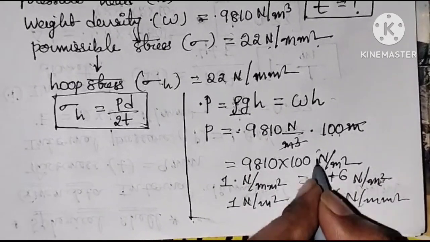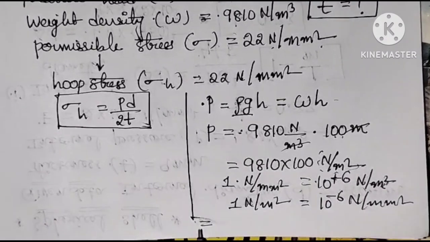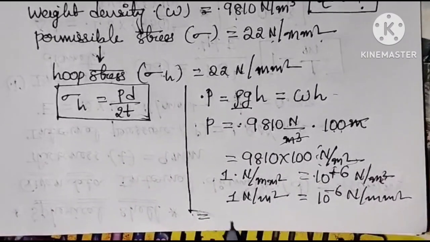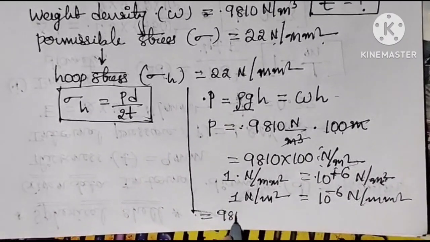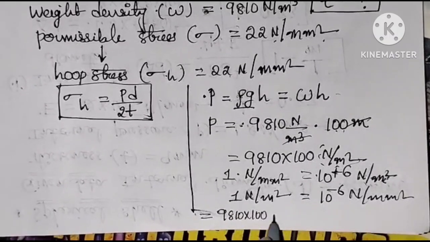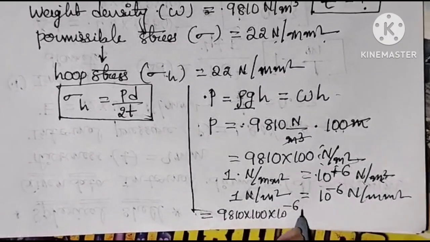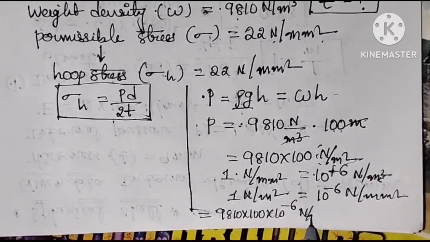So instead of Newton per meter square we can write 9810 into 100 into 10 to the power of minus 6 Newton per mm square.